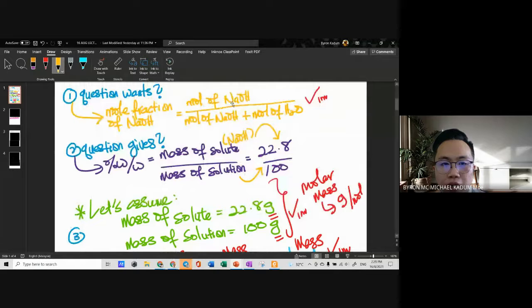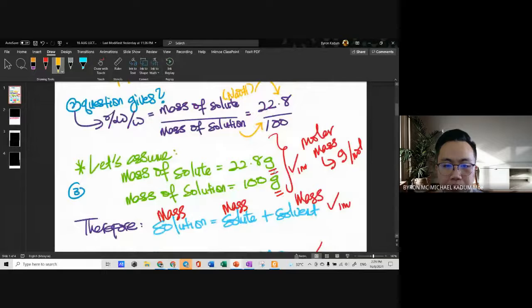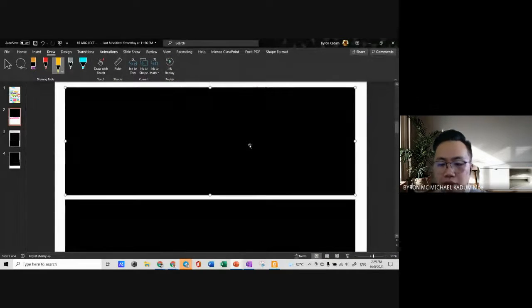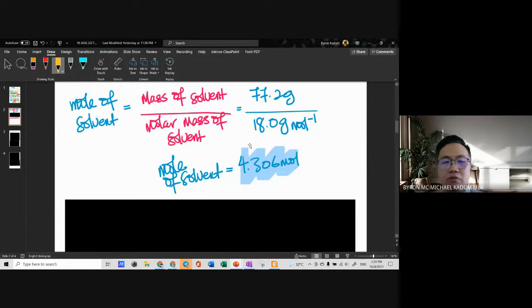Now, mole of NaOH, dah dapat. The only mole yang kita buat sekarang adalah mole of solvent, H2O. All right. So we move on to the next one. I think this one is going to be pretty straightforward already. You take the mass of solvent, divide by the molar mass of water.